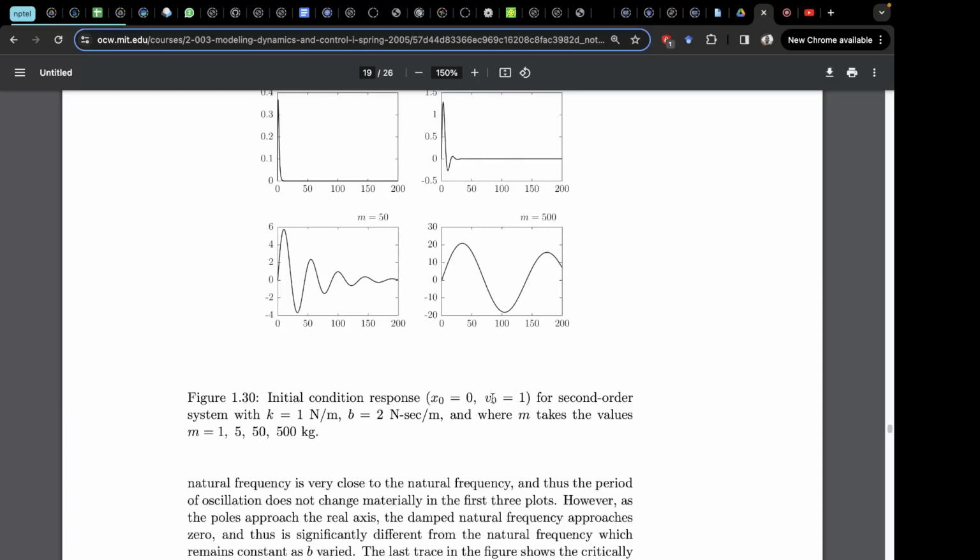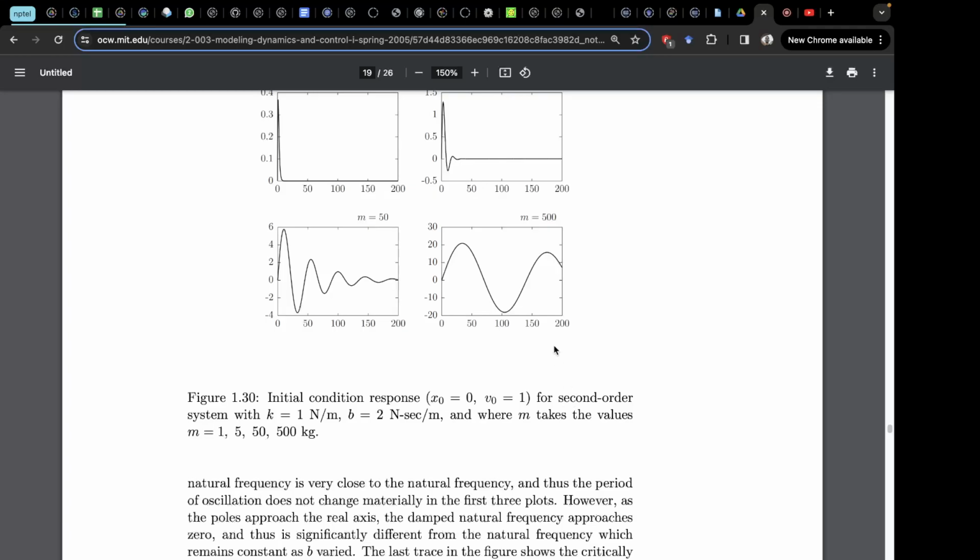So half m v square is higher when mass is higher, and the amplitude it will take will also be higher, because at the maximum displacement the block is at rest, and the entire kinetic energy is converted to spring potential energy. So the higher energy that we give in, the more amplitude the system will take.